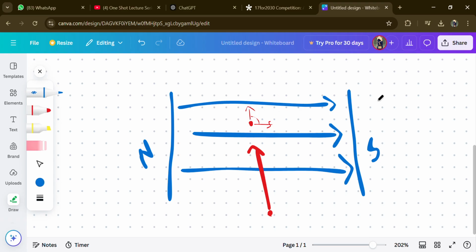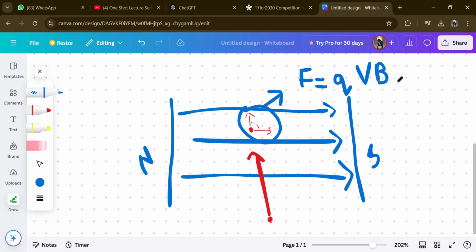Now we do have a formula to find the force at this specific point, where F is equal to Q, the charge, V, the velocity of the charge, and B, the magnetic field. In addition, there is a sine theta.